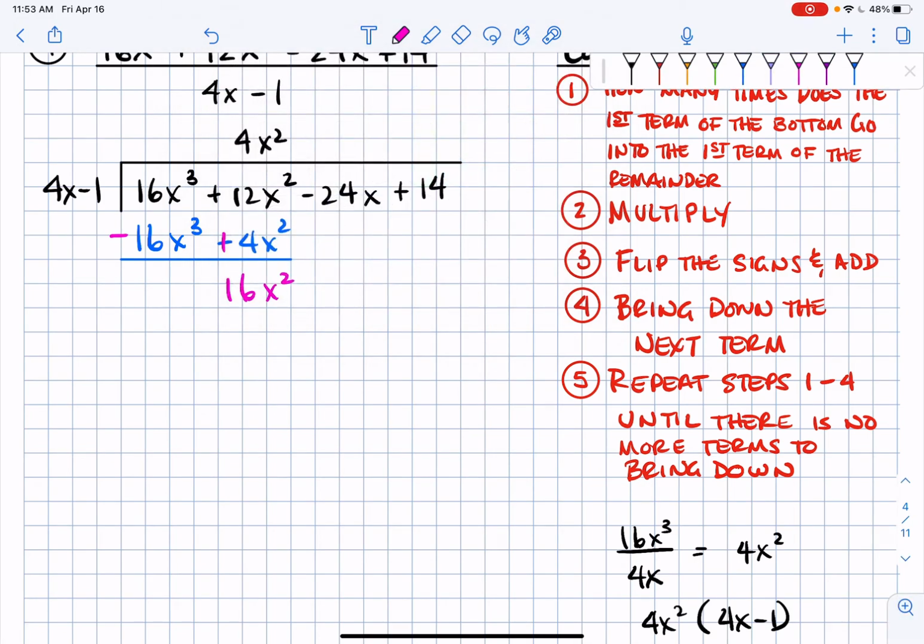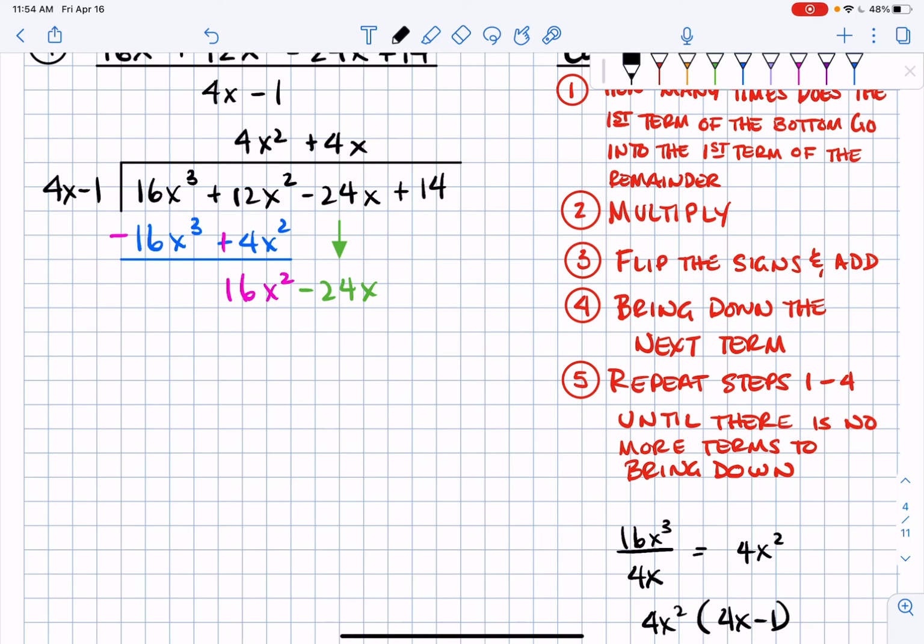And then step 4, the last step is to bring down the next term, which is minus 24x. Then we repeat the 4 steps again, okay? So how many times does 4x go into 16x squared? That is the remainder, so that's why we would compare those two first terms. And that is going to be a plus 4x times.